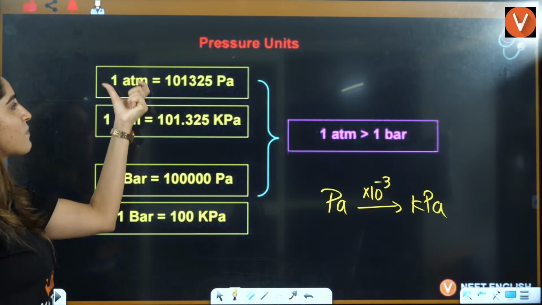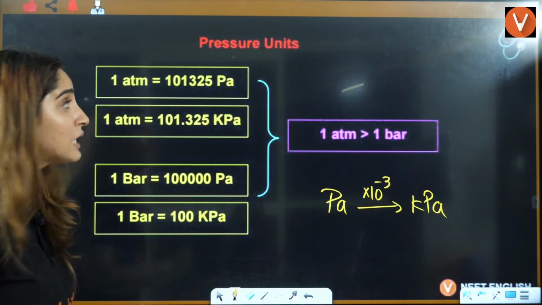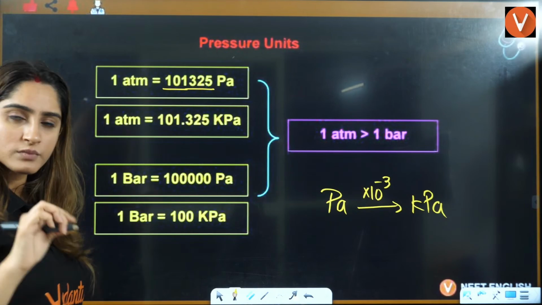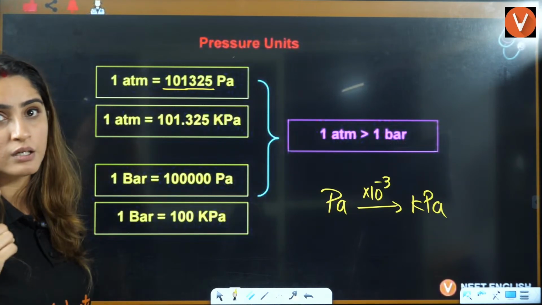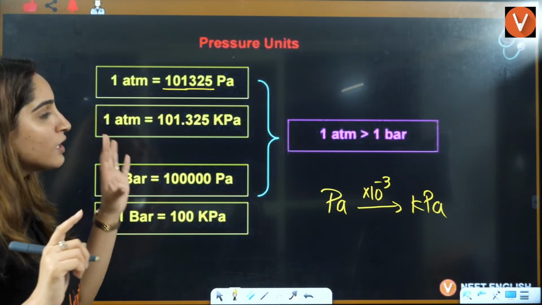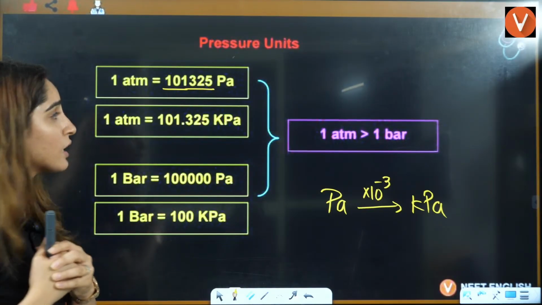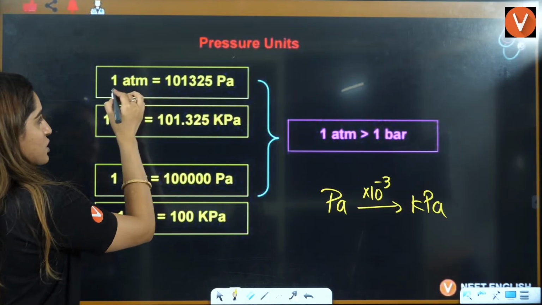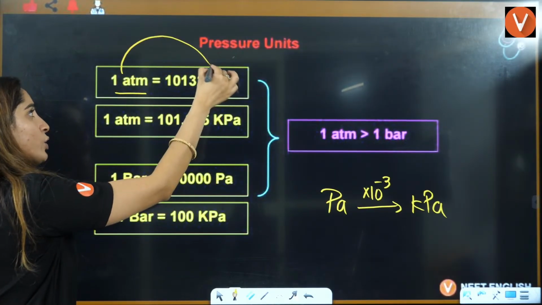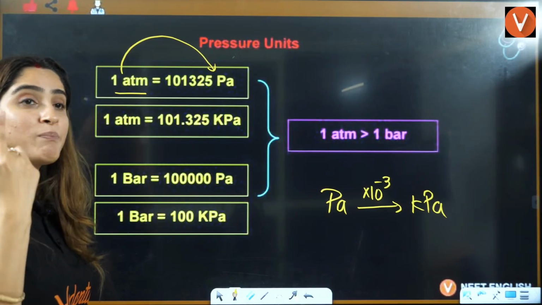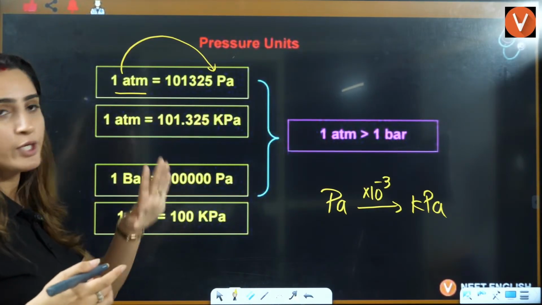But here you just remember that whenever you have atmospheric, multiplied with 101,325, that will be converted to Pascal. And remember that 1 atmospheric is greater than 1 bar. So whenever you want to convert 1 atmospheric into Pascal, you multiply by 101,325.